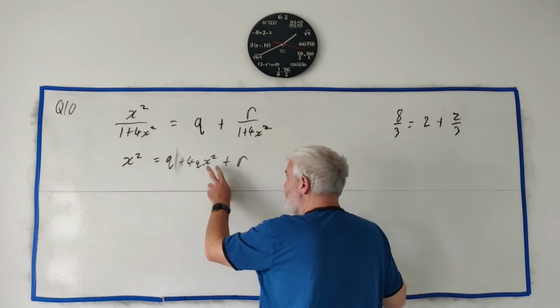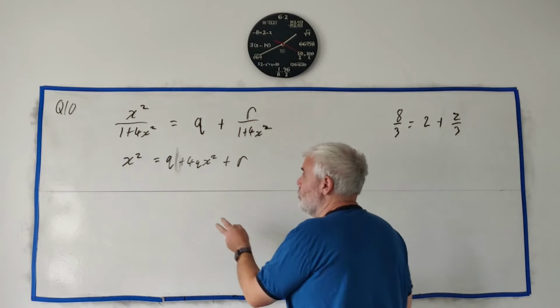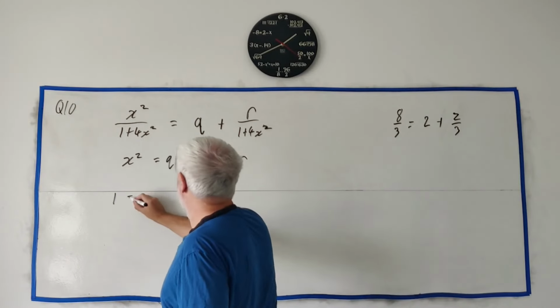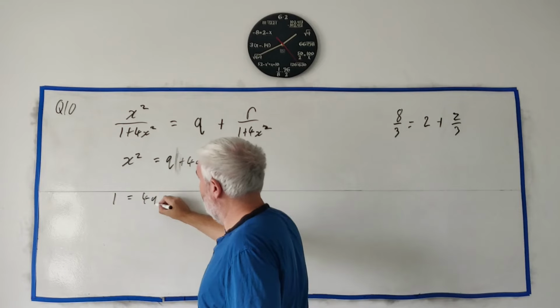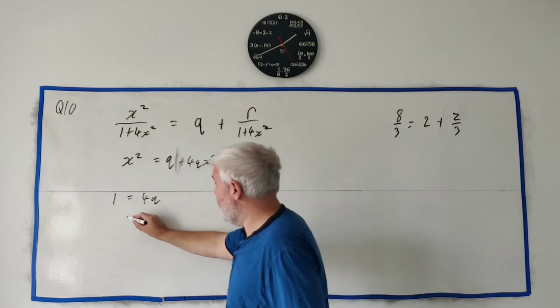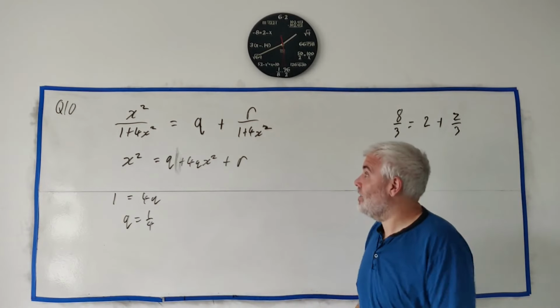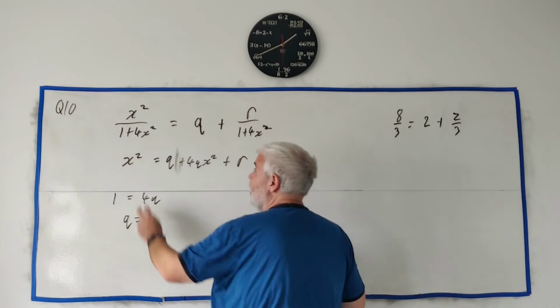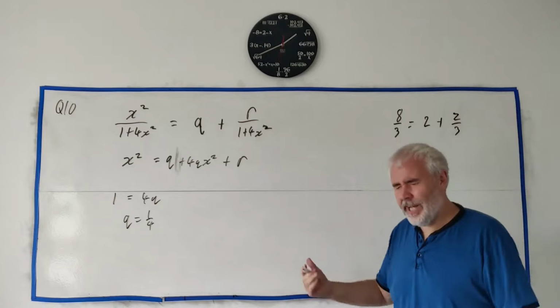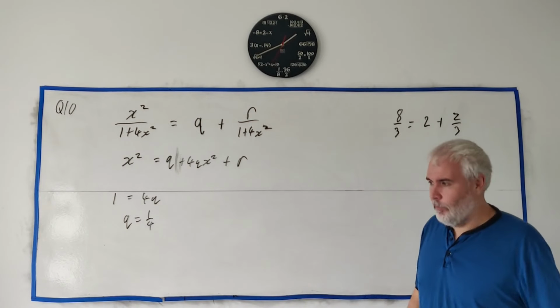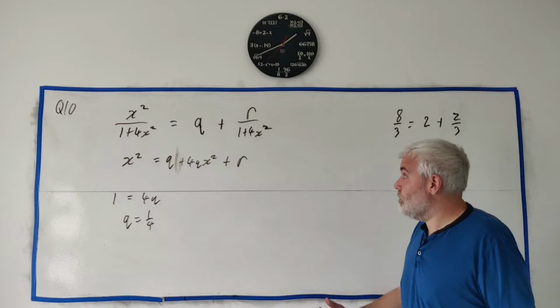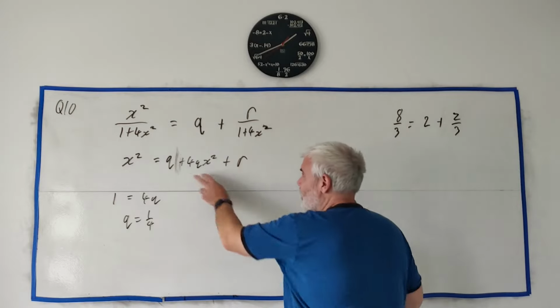X squareds must equal the x squareds. So that means the 1 in front of this must equal the 4q in front of that. Or rearrange that, it must mean q is equal to 1 over 4. That's the quotient. That's how many times this goes into this. 1/4 times. The second way I'm going to do it will show you that a bit more clearly as well. What's the remainder? Well, just equate the terms again even.